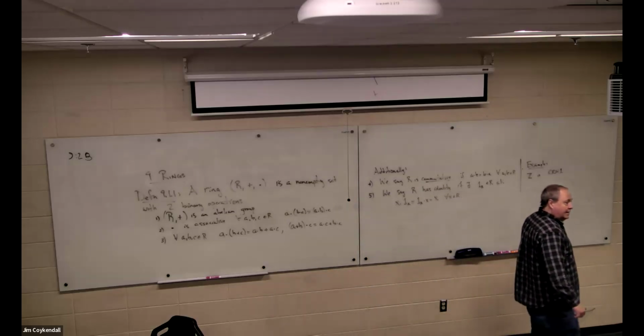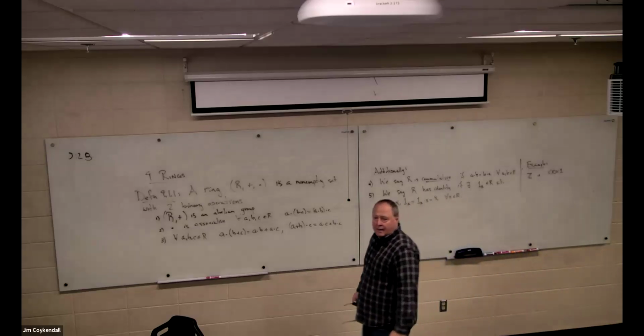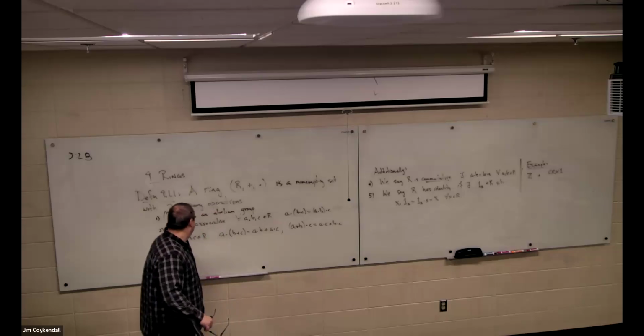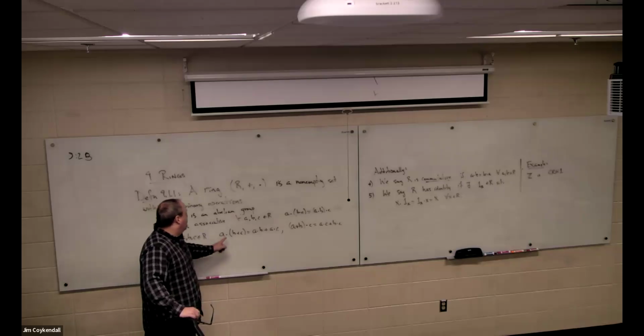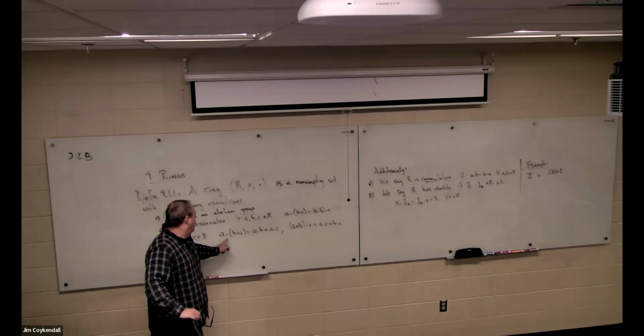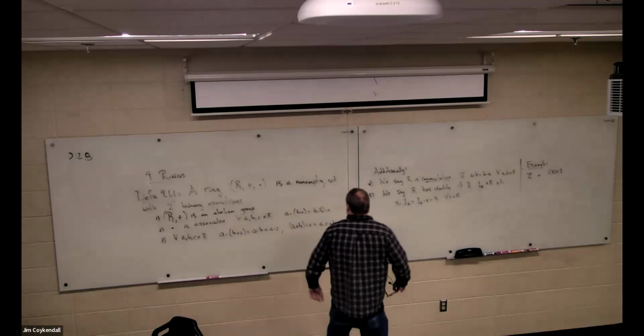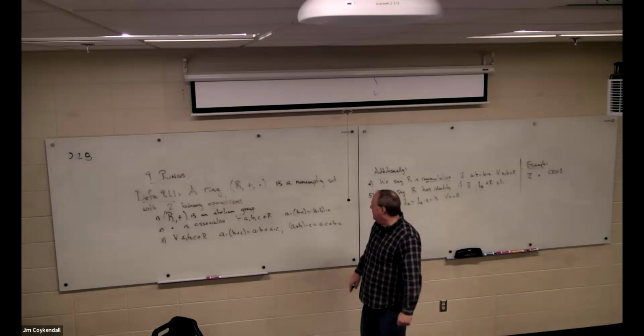Yes? What's the difference between saying R is commutative versus saying R is abelian? Tradition and terminology. Abelian is usually reserved for a group, right? But commutative means the multiplicative structure. Here's an observation that I think may address what you're talking about.